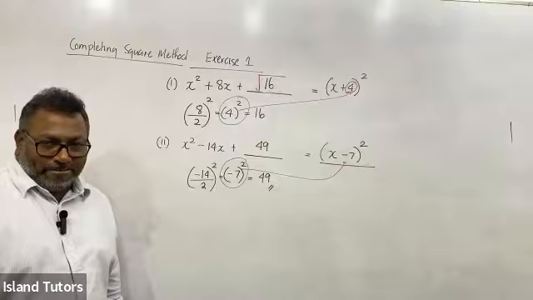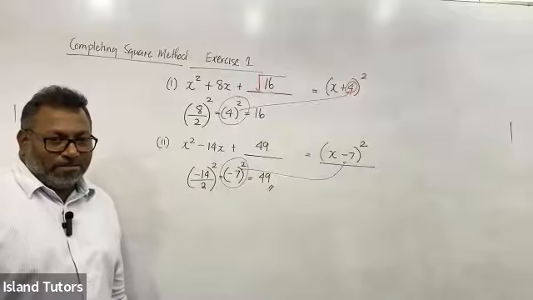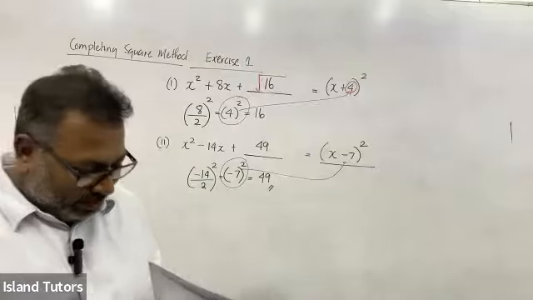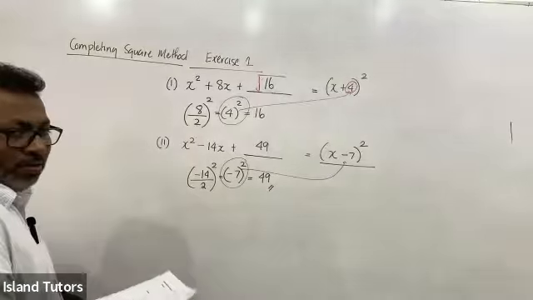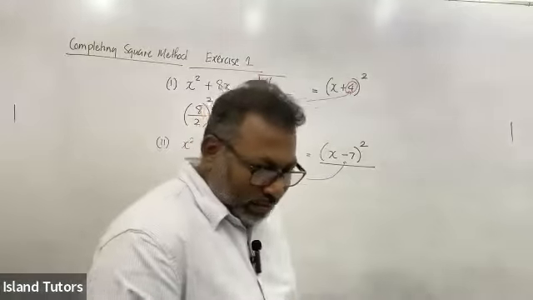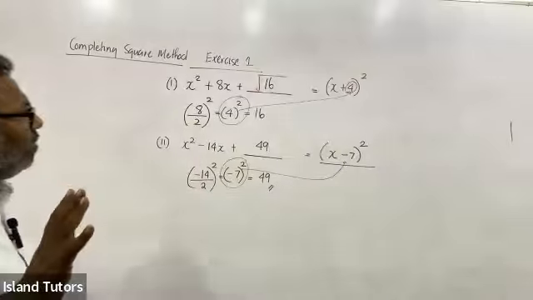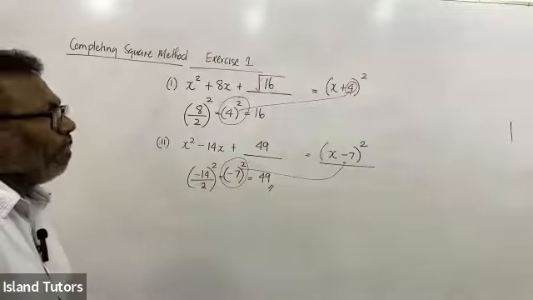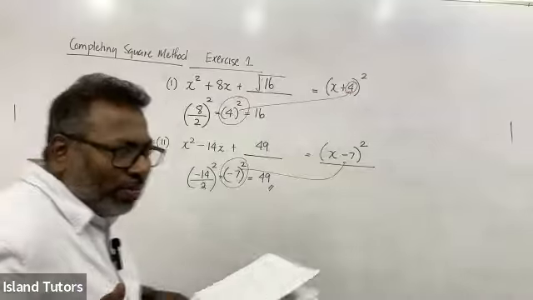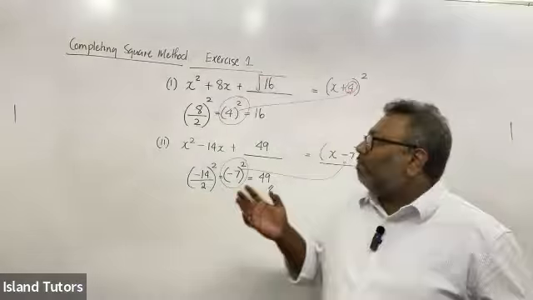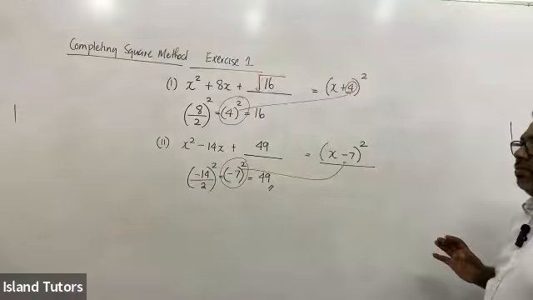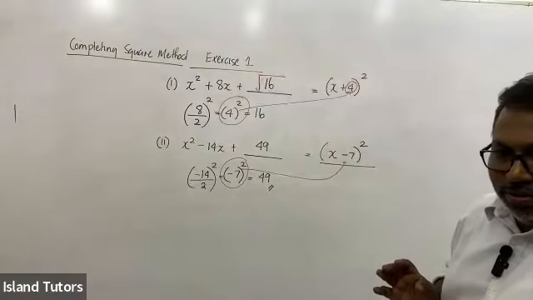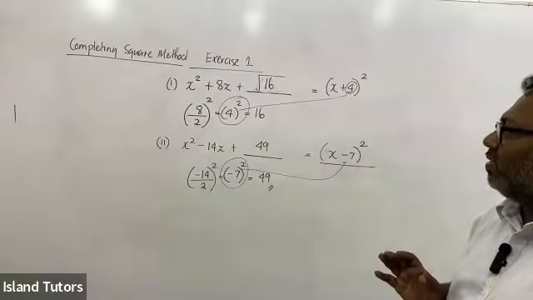Third question. Any questions so far? Are you able to see the relationship between the middle term and the square term? This you need to understand slowly.